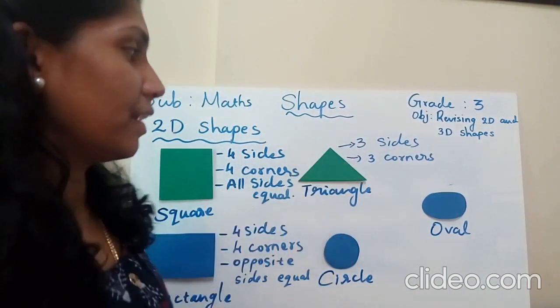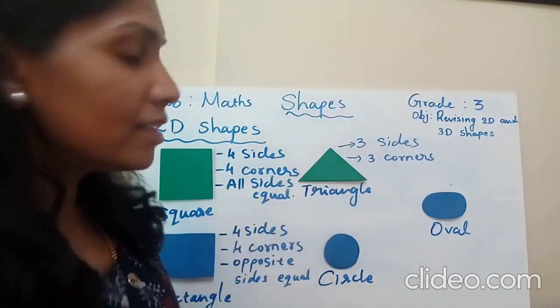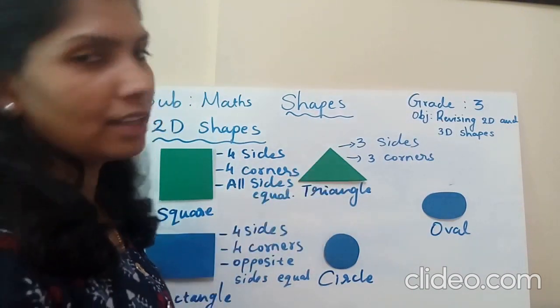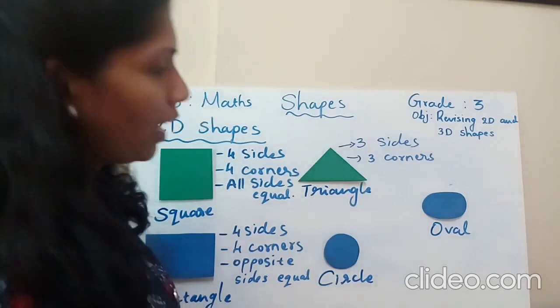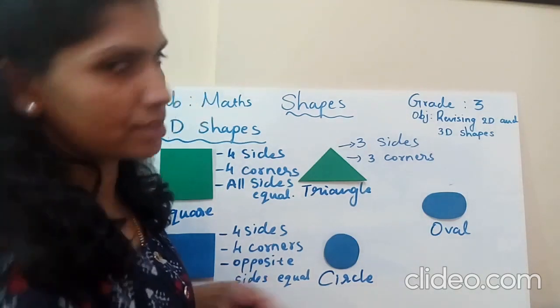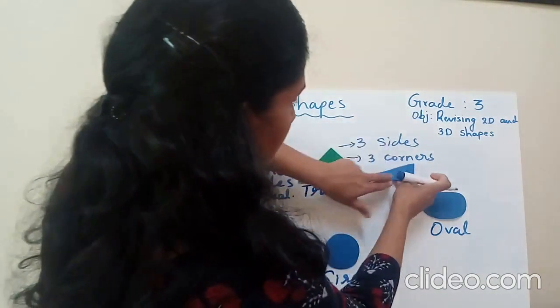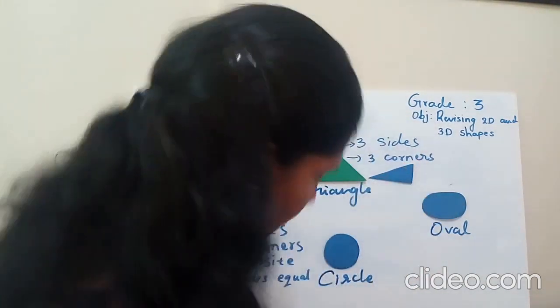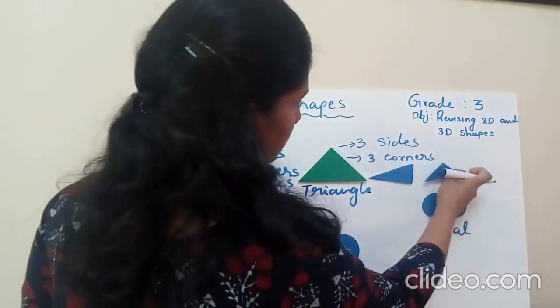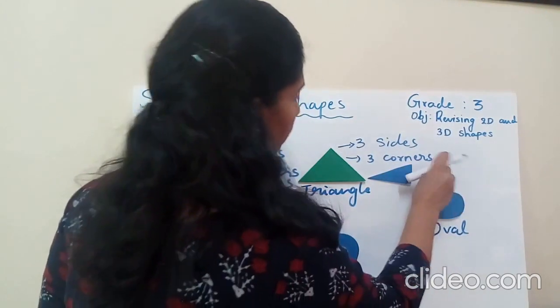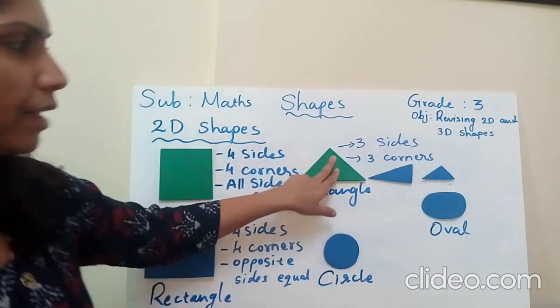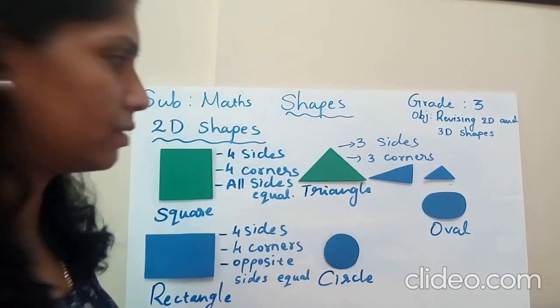How about the sides? In this triangle, all the sides are equal. But we have some more triangles with different sides or different lengths. The sides will be different. See? So these are all triangles. So in the triangle, 3 sides and 3 corners.